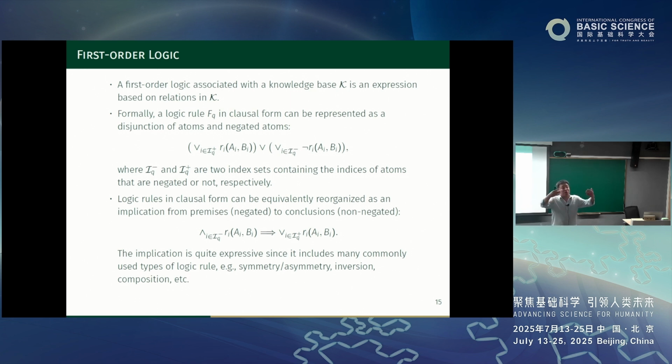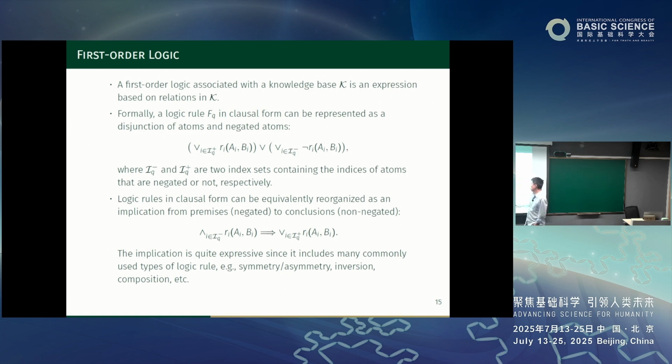If all these assumptions hold, you can get some conclusions. This conclusion can be A or B or true. In first-order logic, these two are equivalent.